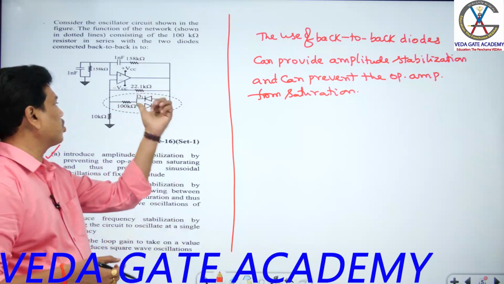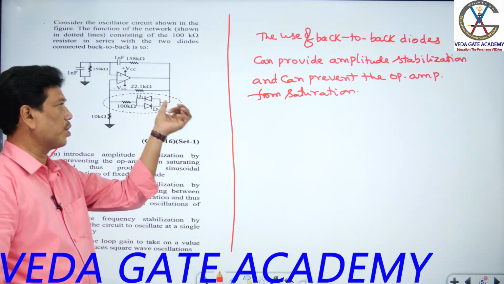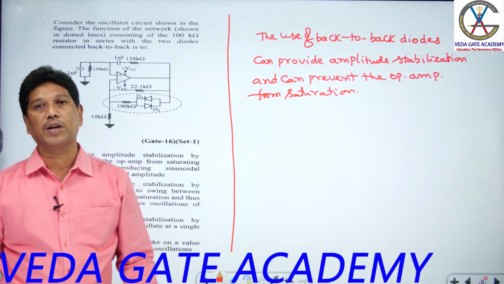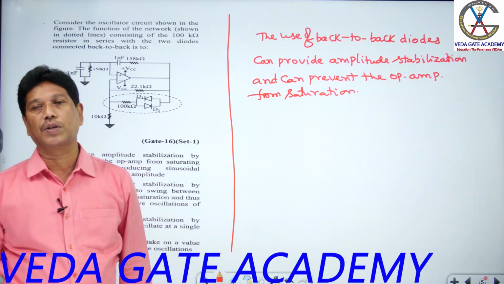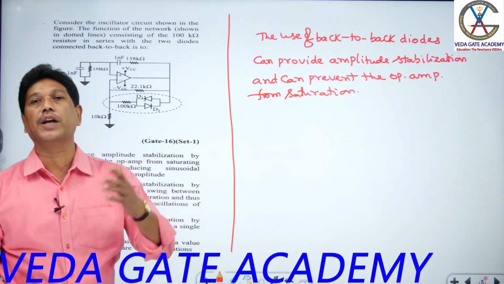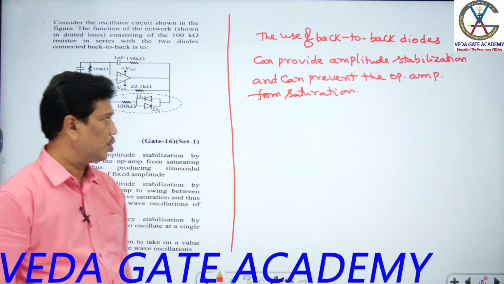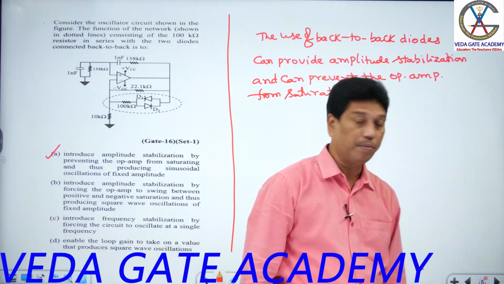That is the extra amplitude stabilization you get. That's the purpose of the diode circuit in this dotted region. Mainly the purpose is amplitude stabilization, so that it prevents the op amp from going into saturation. It stays in linear mode, causing sinusoidal oscillations. Understood, students? The correct option there is A. Next, I can go to the following one.